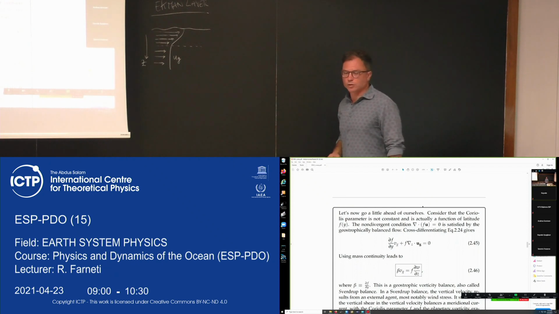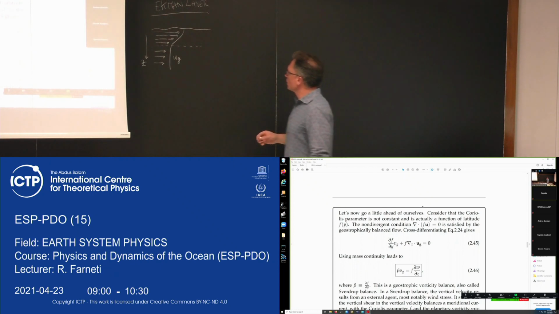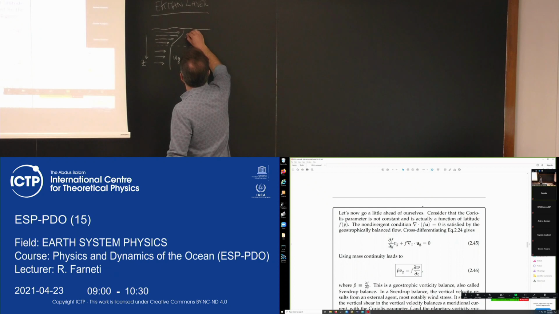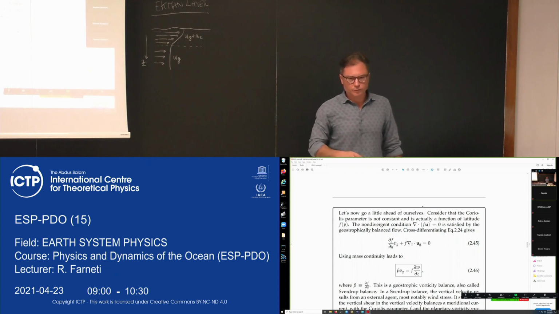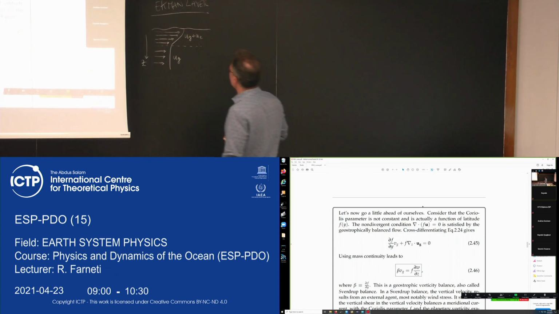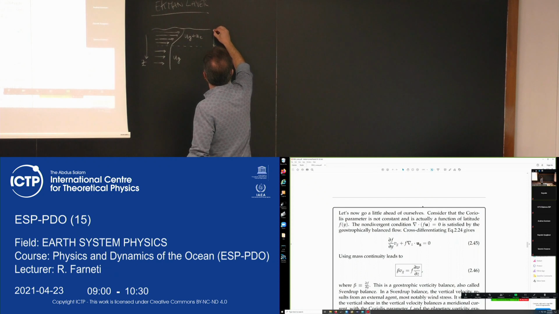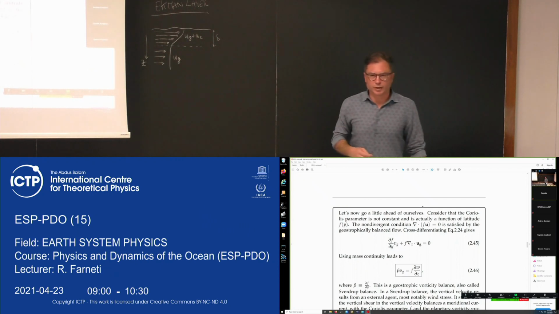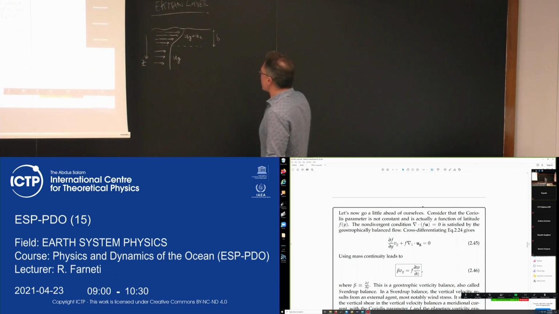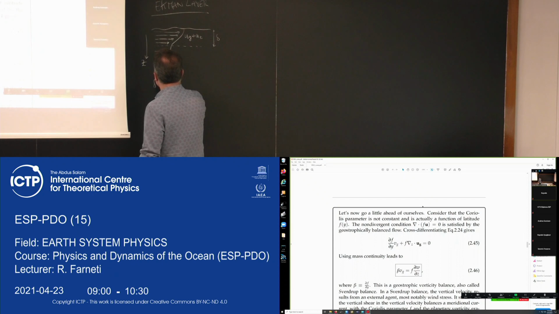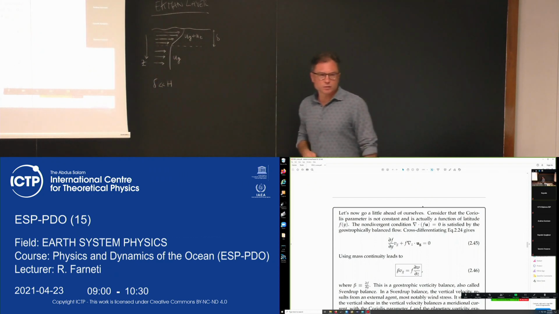So the interior is in geostrophic balance. Whereas at the top you have your geostrophic flow plus a correction which is given by the Ekman velocity. This depth is the depth of the Ekman layer, so delta, where frictional effects are felt. Okay. And so the assumption is that delta is much smaller than the total depth of the fluid.